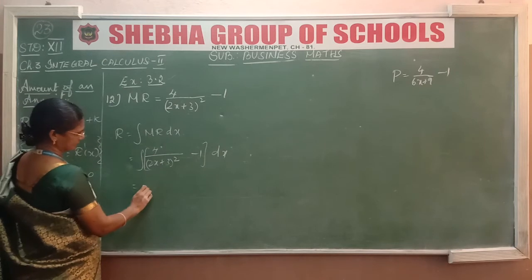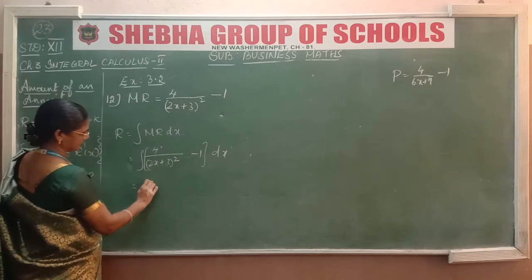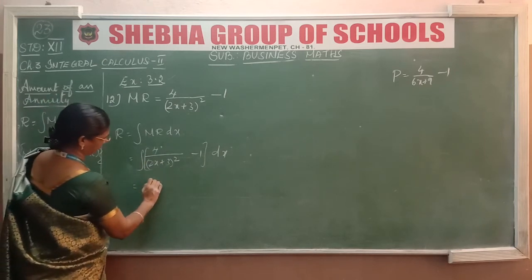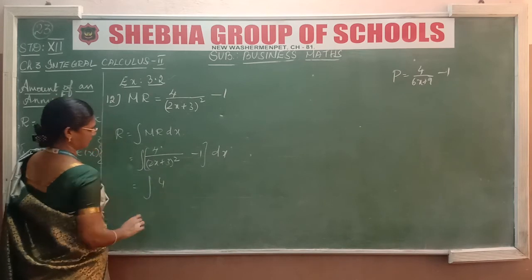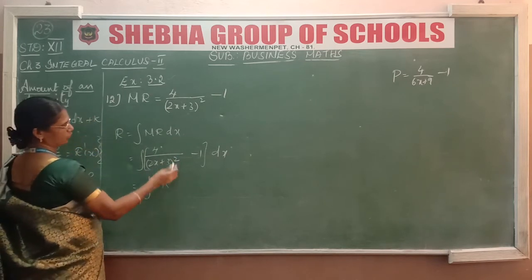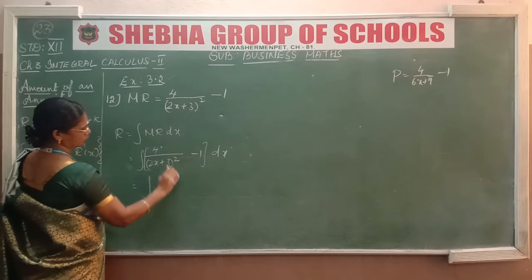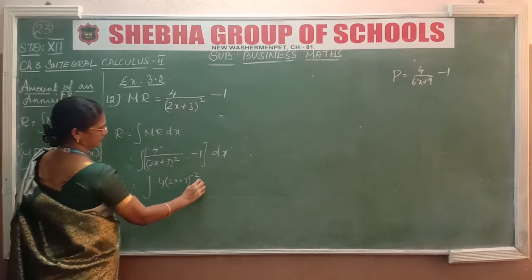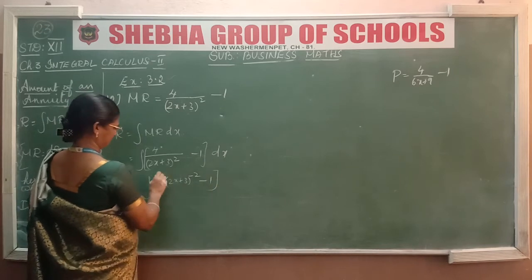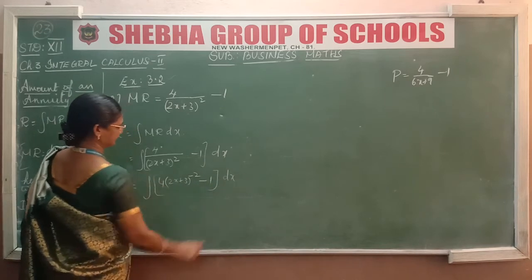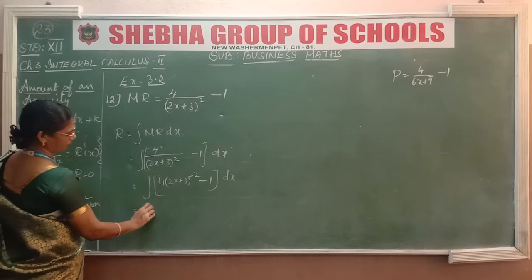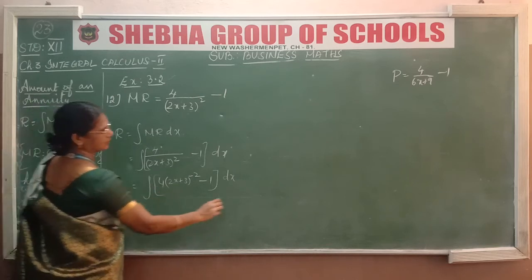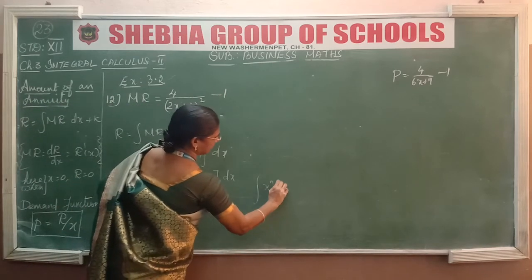Listen, this 4 is our constant, isn't it? So taking it outside, and (2x plus 3) whole square, we bring this into the numerator, we get (2x plus 3) whole power minus 2, isn't it? Minus 1 into dx is equal to, and we know the formula, integral of x power n dx is what?